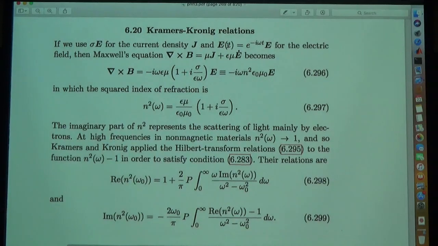If you want, you can think of that as E of t, but we're only looking at the real part, or we're only looking at the imaginary part.